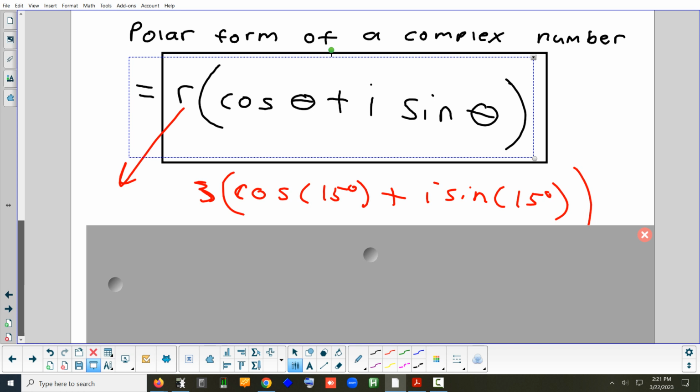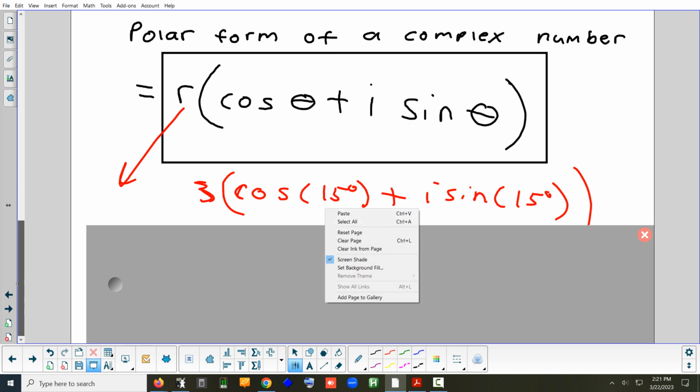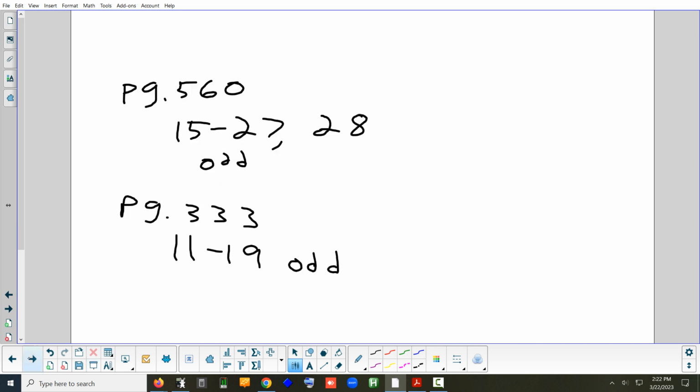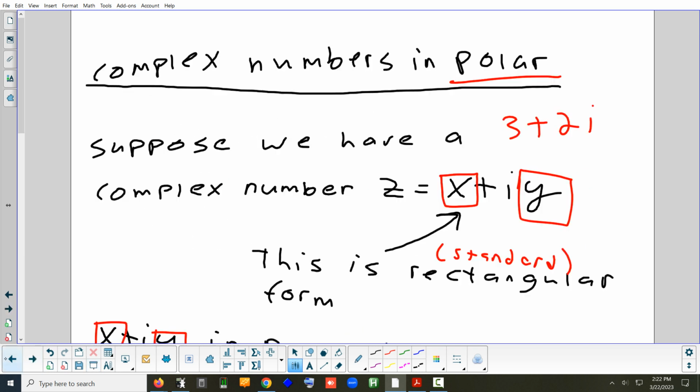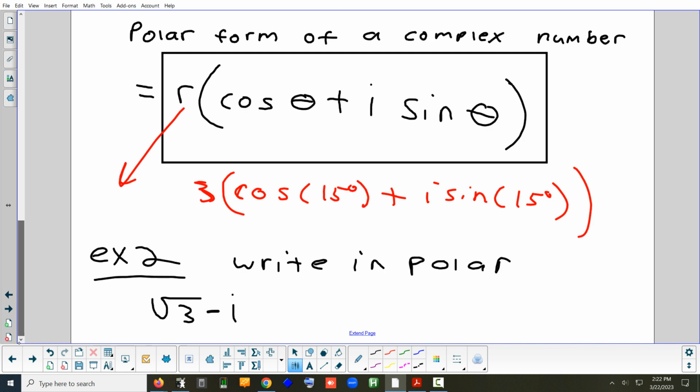If you said, well, shouldn't I do out the cosine of 15 and then multiply the 3 out and then do the sine of 15 and multiply the 3 out? If you do it out, you're going to be taking polar form and changing it back to what you started with. So if you want to check your answer, fine, then do it out. But what I'm looking for is this. That's the final answer to the problem. Let's try one of those, and that's it.